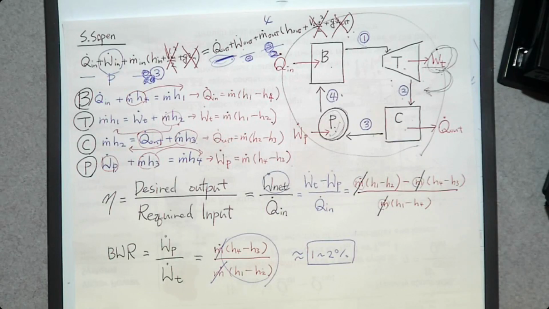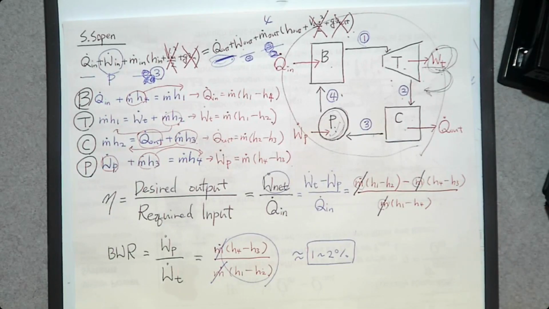So this is how you can analyze an existing Rankine cycle. Then what we are going to study today is how we can model this Rankine cycle so you can design one.